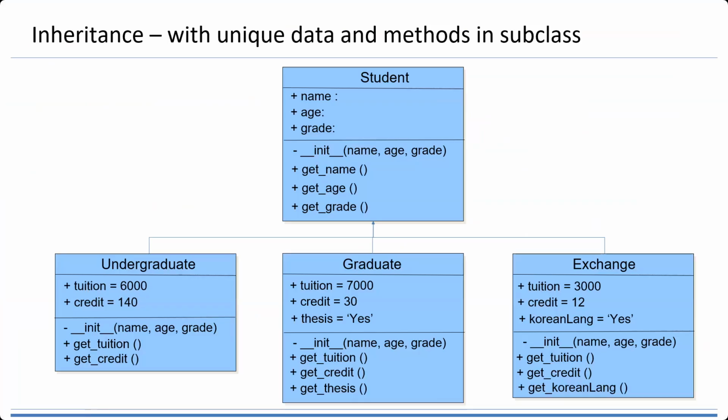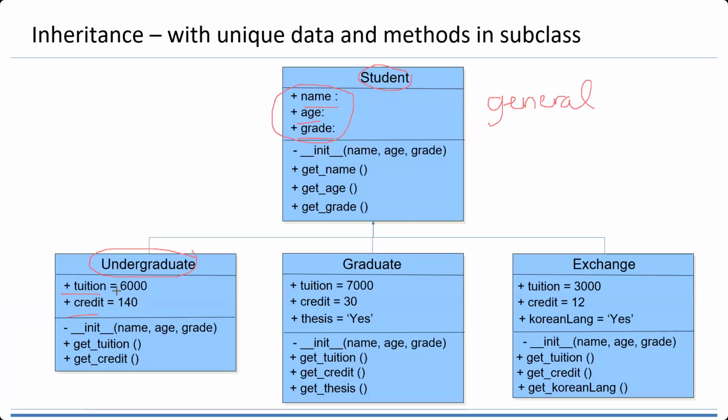For the student class, we can just keep the general information. The general information means name, age, and grade. So every student, of course, has a name, an age, and a grade. But for the undergraduate student, we can define the attribute, the data, and also the value.